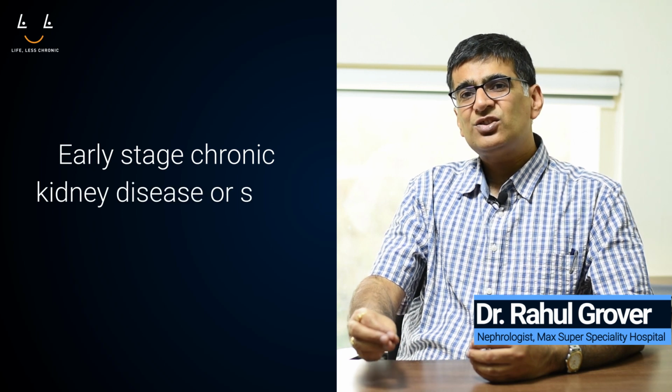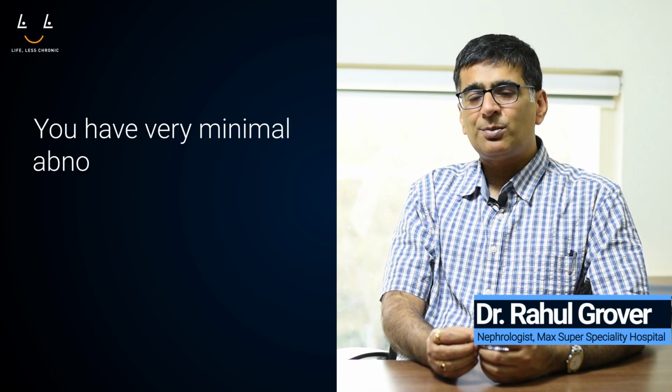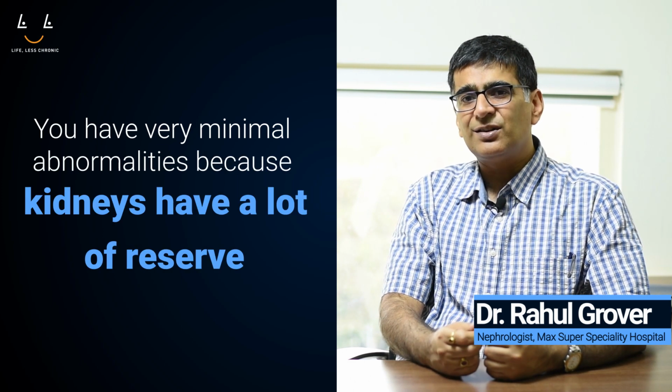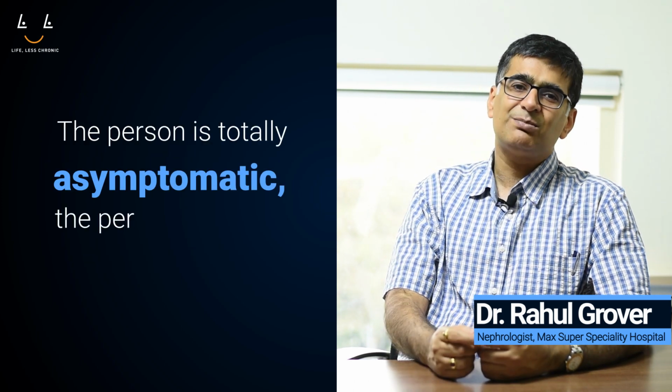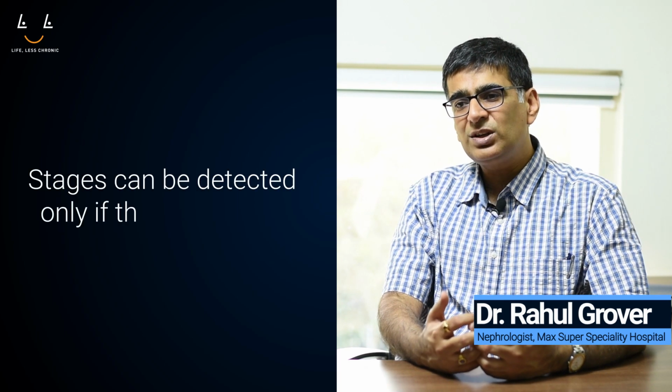While these may be important, what you have to understand are the connotations. In an early stage like stage 1 or stage 2 kidney disease, you have very minimal abnormalities because kidneys have a lot of reserve. So the person is totally asymptomatic, and these stages can be detected only if they are tested.